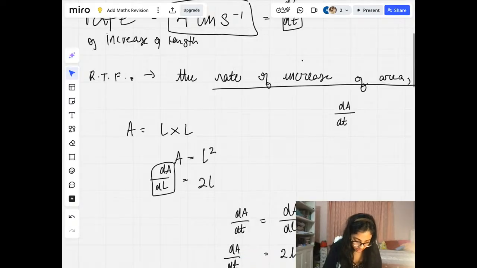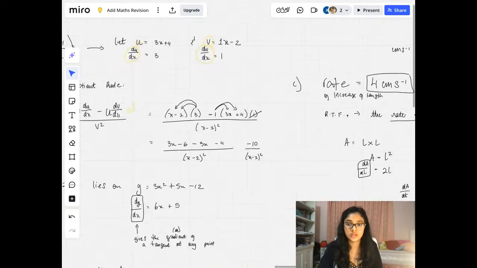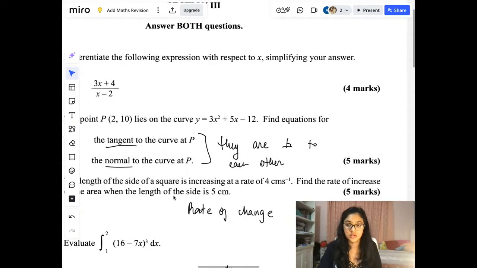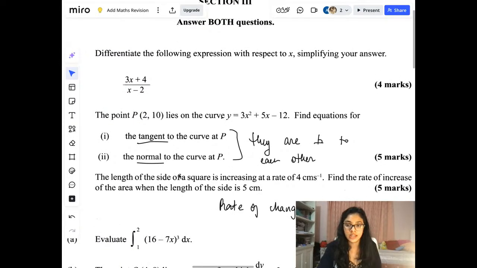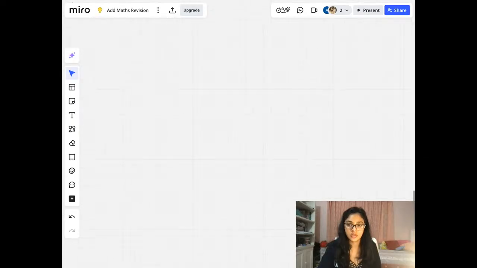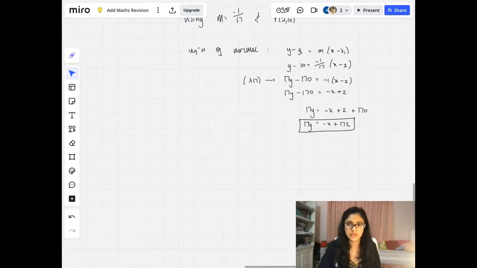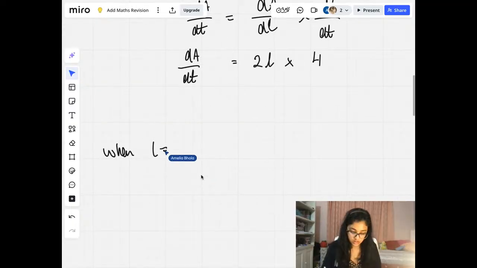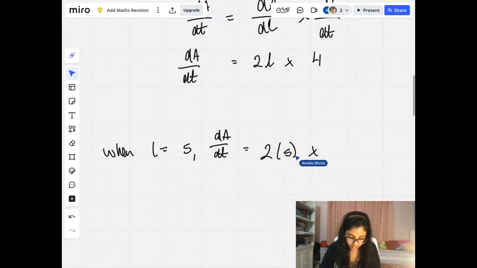So I want to say, when the length of the side is 5, so L is equal to 5, dA/dt is equal to 2 by 5 multiplied by 4.